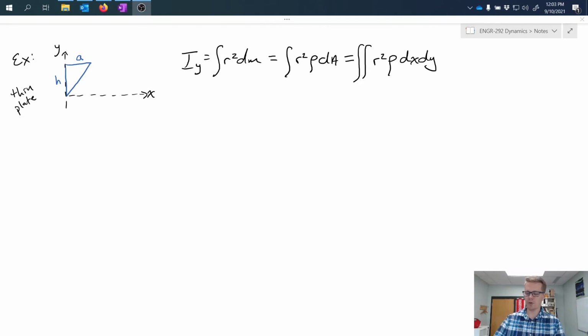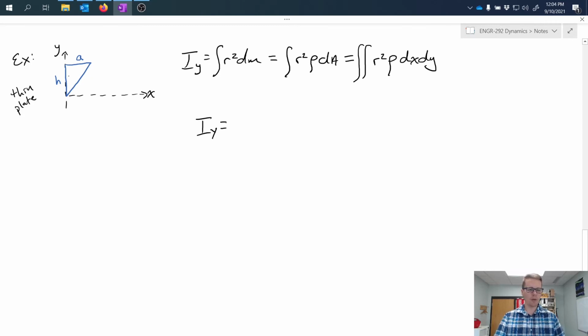All right, so to start evaluating this problem, I'm first going to rewrite my expression slightly. I've said that I'm interested in rotation about the y-axis. And remember that this r value, which shows up as r squared in our equation, is the perpendicular distance from our rotational axis.